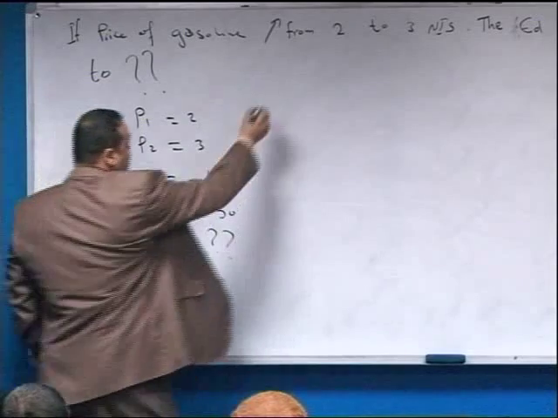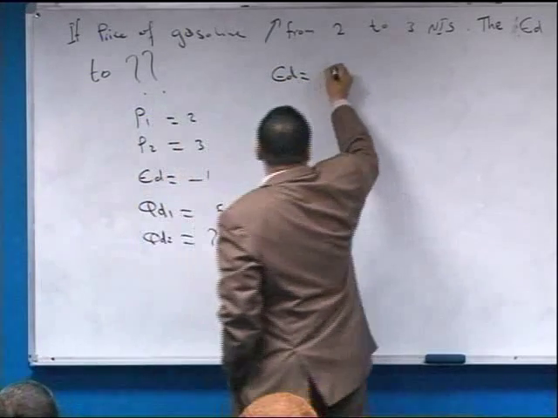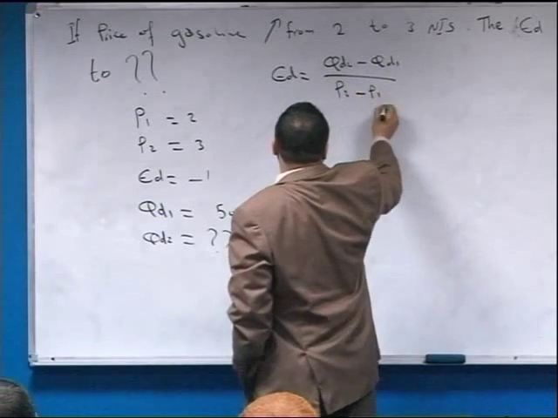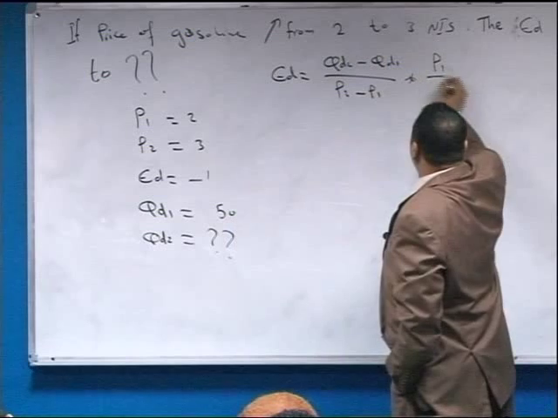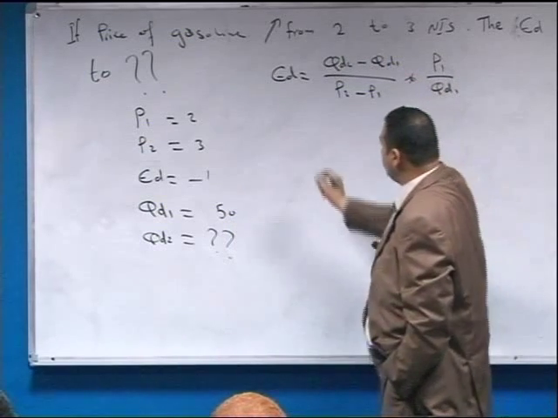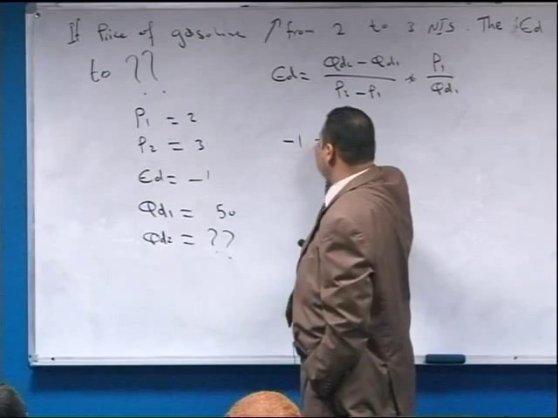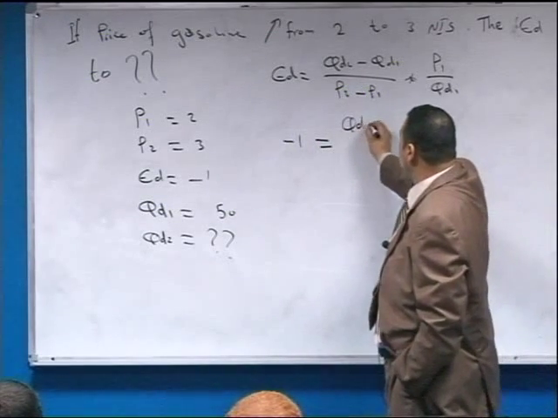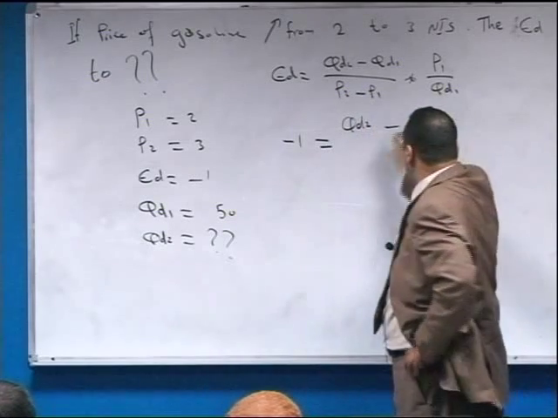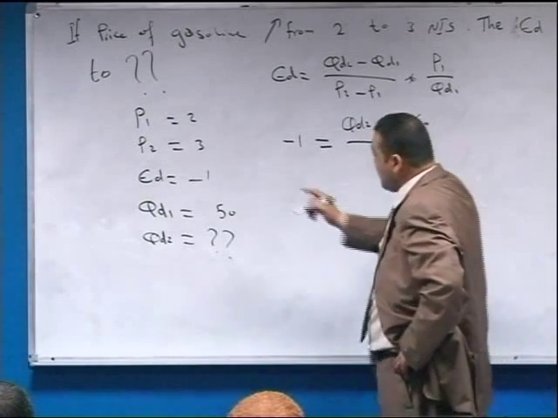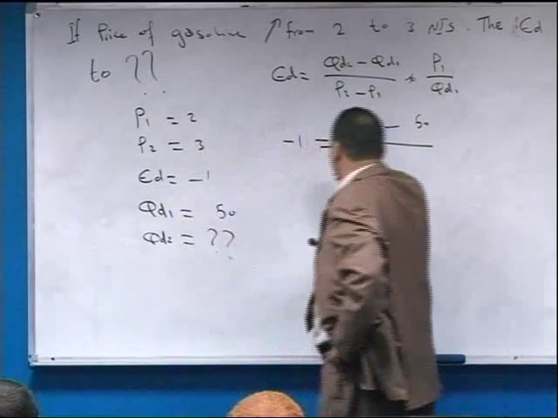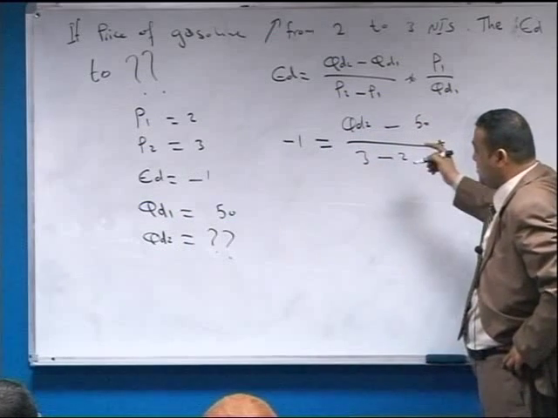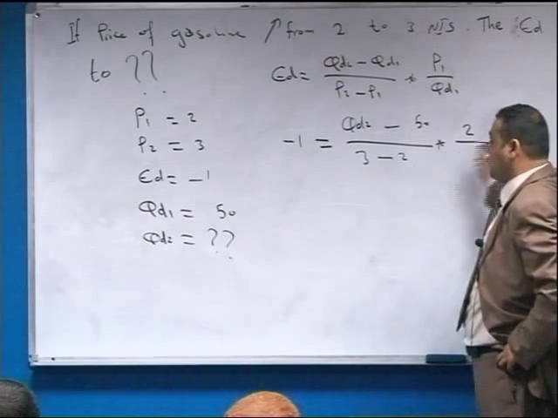So the price elasticity of demand equals (QD2 minus QD1) over (P2 minus P1) times P1 over QD1. So -1 equals (QD2 minus 50) over (3 minus 2) times 2 over 50.